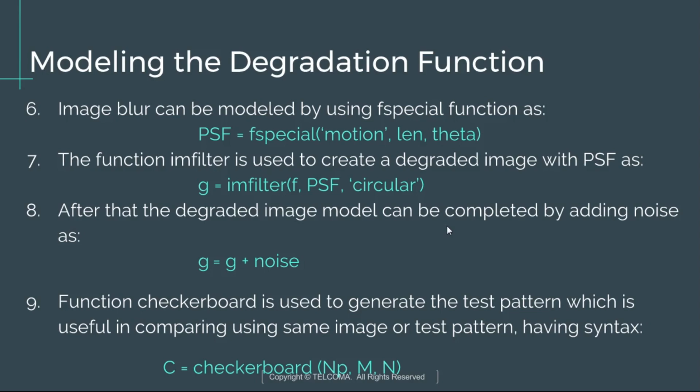If N is omitted, it defaults to M. If both M and N are omitted, a square checkerboard with 8 squares on the side is generated. If in addition NP is omitted, it defaults to 10 pixels. The light squares on the left half of the checkerboard are white. The light squares on the right half of the checkerboard are gray.